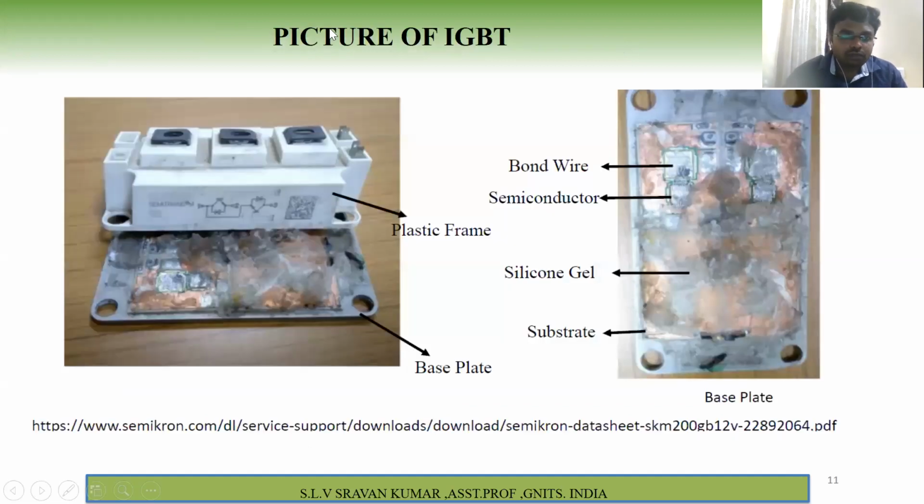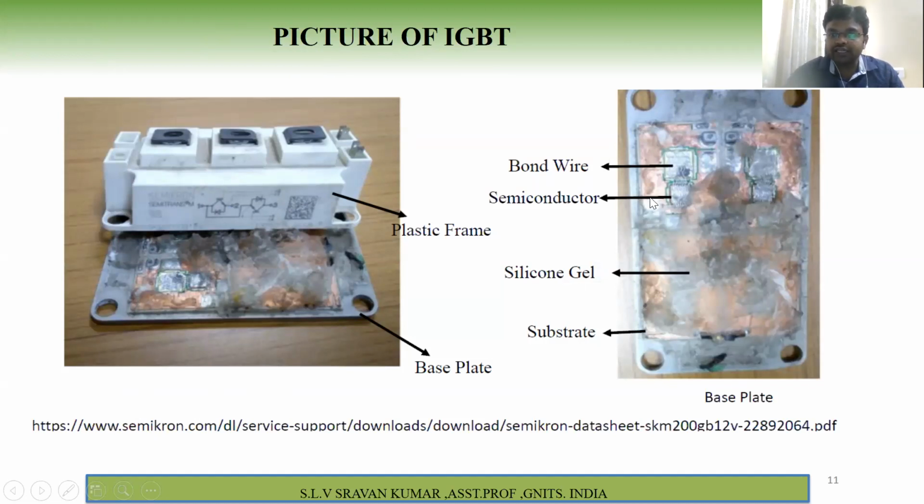Now, this is a picture of an IGBT, the Semikron based one. Now see, this is the symbol of your IGBTs. In one leg, two switches are there. This is the IGBT, and inside, see this plate I have represented here.